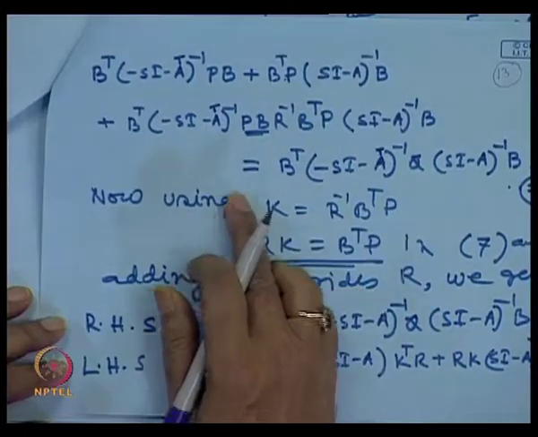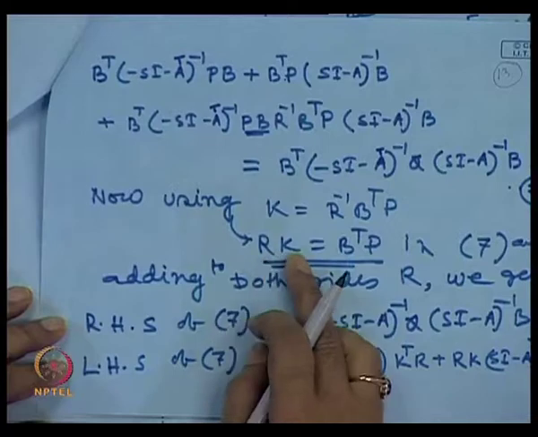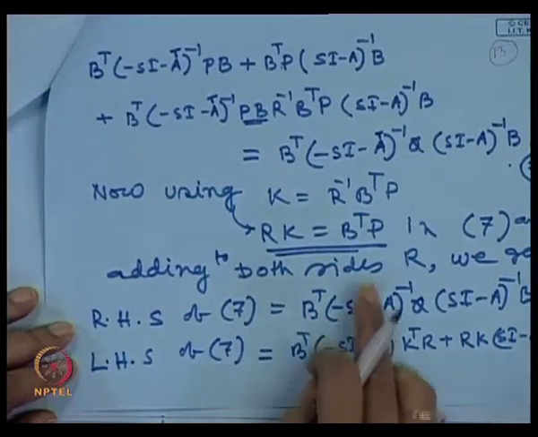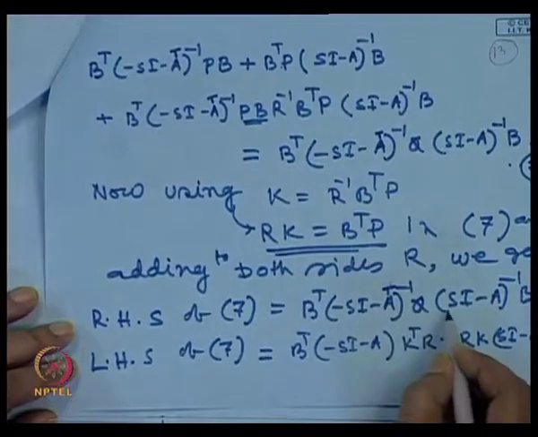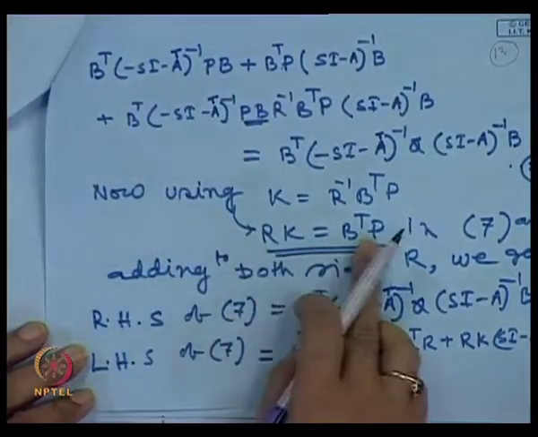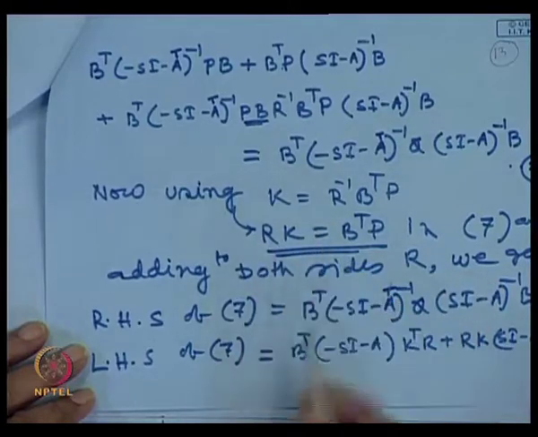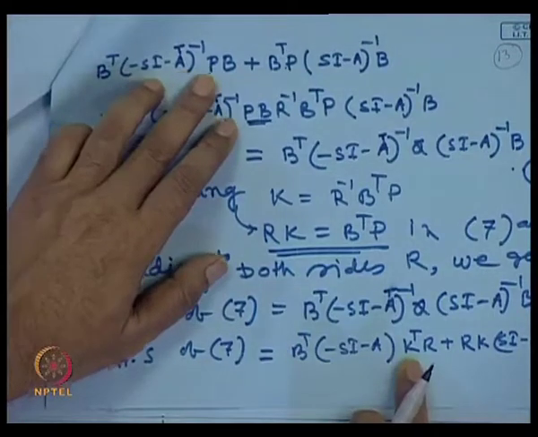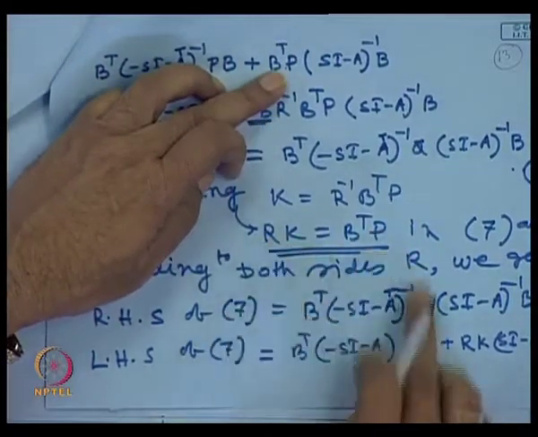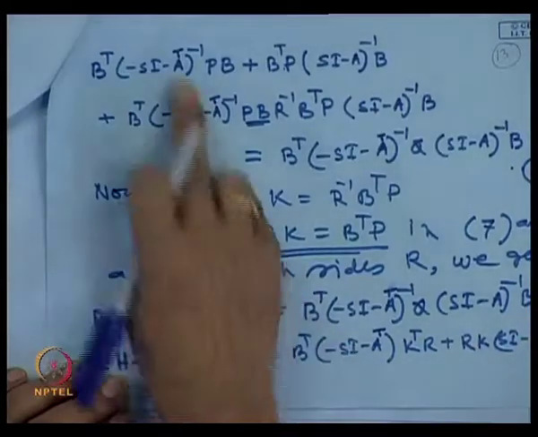If we pre-multiply by R, then K R is B transpose P. So in this equation, whenever we get B transpose P, we replace it by R K. On the right hand side we have B transpose, S I minus A transpose inverse, Q, S I minus A inverse, and on the left hand side P B is replaced by K transpose R. Actually K transpose R transpose, since R is a symmetric matrix, so R transpose is equal to R. For P B I write K transpose R, and B transpose P I replace by R K. This will be the transpose, because this is the transpose here.